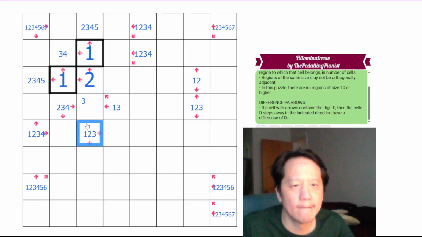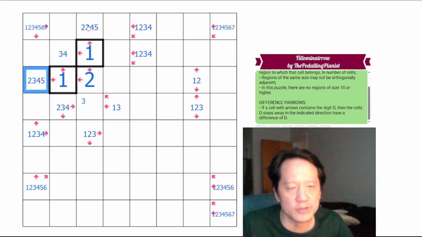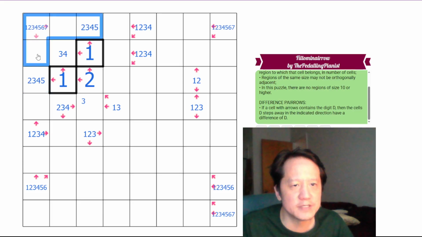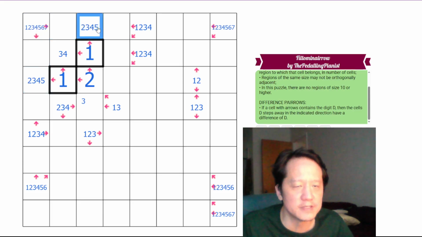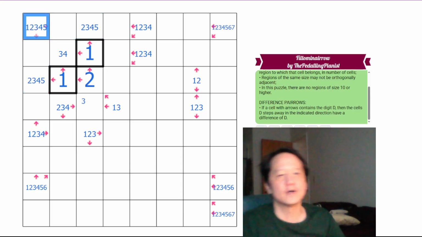Okay. So this cannot be size 7. It has to be part of one of these 3 regions, right? Because it's blocked by these 2 in particular. So if it tried to be size 7, it has to extend out past these, and it can't be size 7 then. So this could be up to 5.